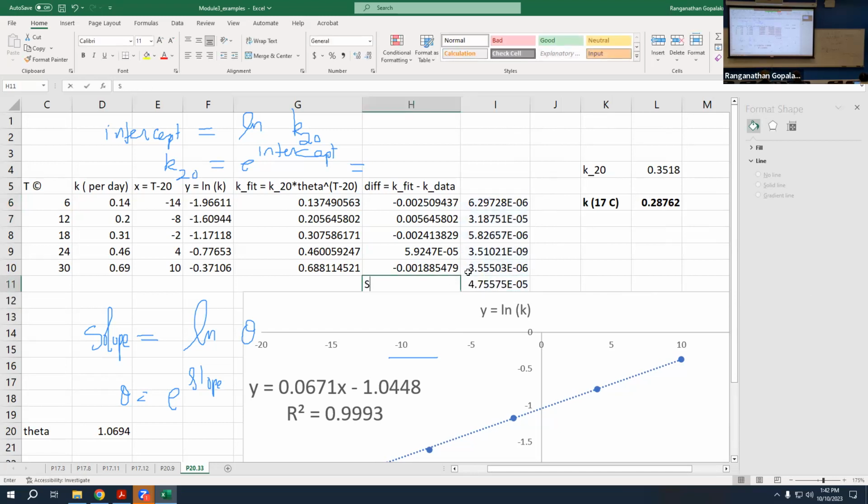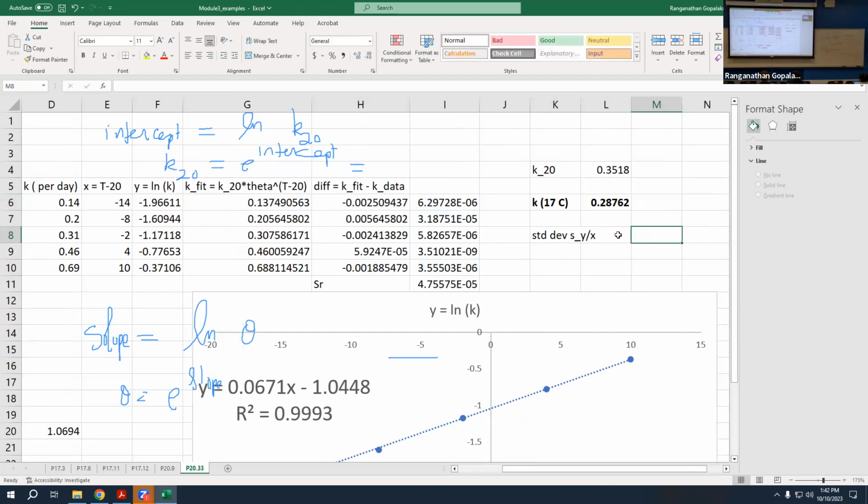This is your SR. The standard deviation S Y over X, formula wise, is equal to the square root of SR divided by N minus M, or divided by the degrees of freedom.